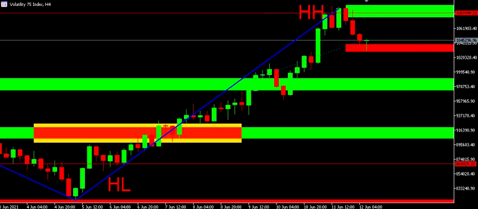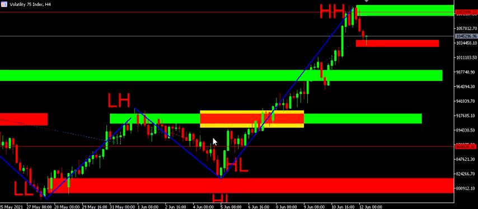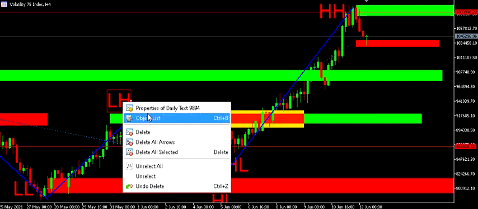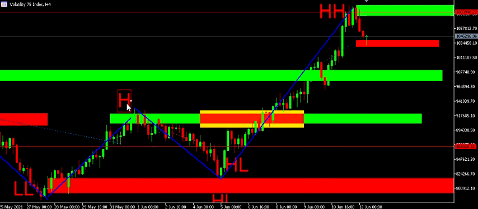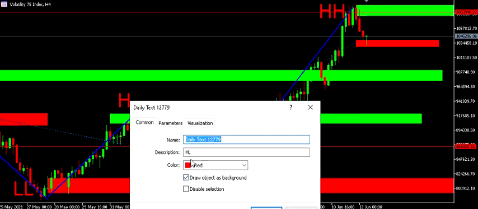If you are going to critically look at how price moved, we have a high around here. We are looking at the 4-hour time frame. We have a high, and we have a low around here.